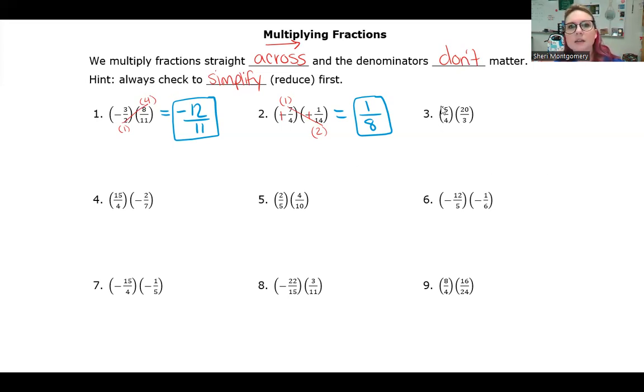Neither one of these reduce independently, but 4 and 20, yeah. 4 goes into 20 how many times? 5. So that will become a 1 and this becomes a 5. When I multiply across, I have 5 times 5 on the top, 25, and 1 times 3 on the bottom, or just 3.